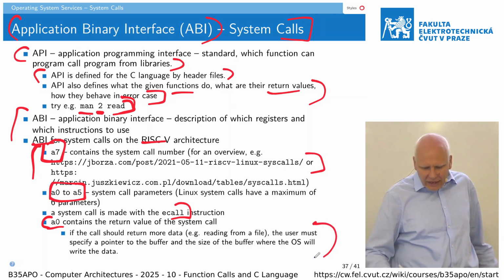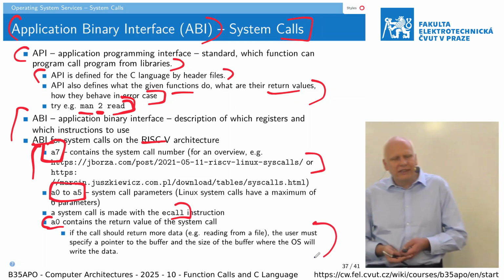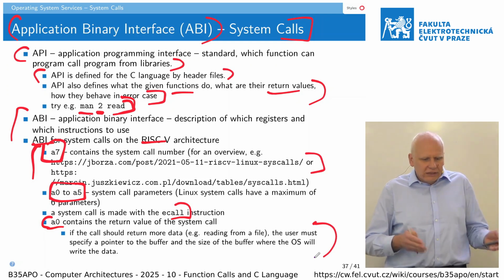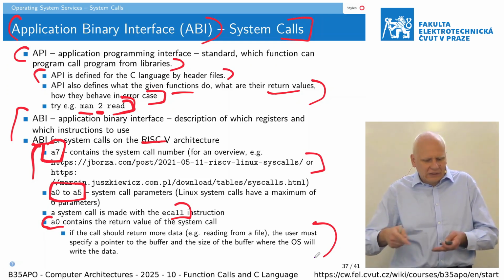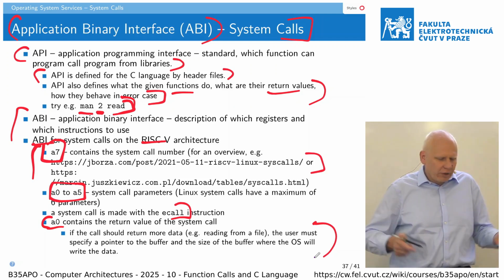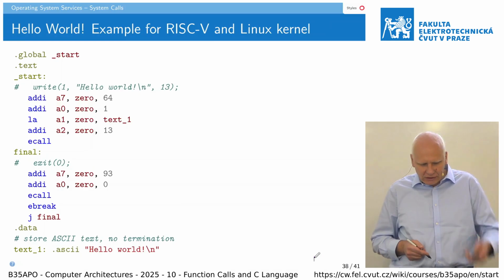If more data than that single 32-bit value is necessary as a return, then it is solved by providing through some register a pointer to the memory where, for example, the name of the file or something is stored.